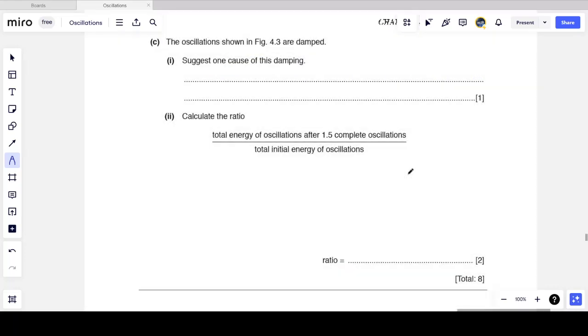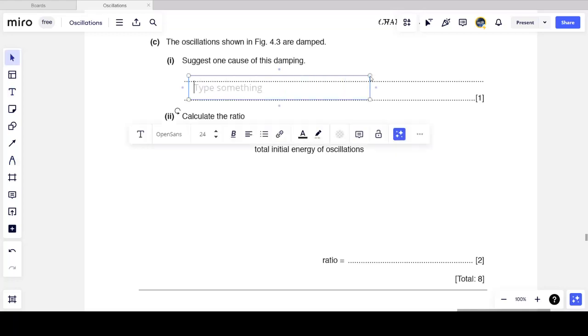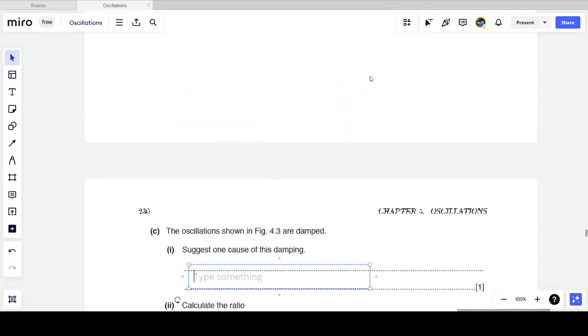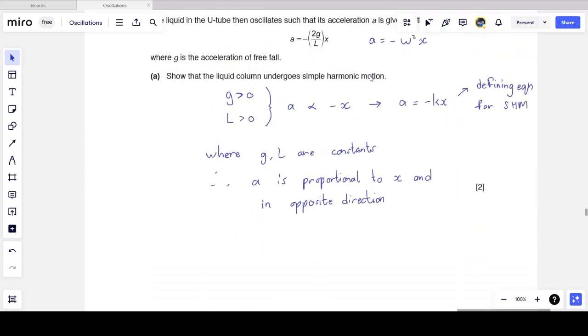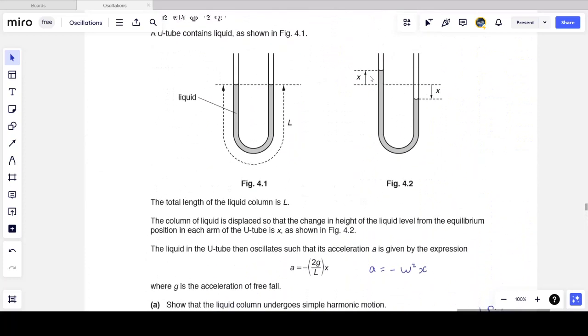We're then told that the oscillations in figure 4.3 are damped, and we want to suggest one cause of the damping. Well, we can see that the oscillations are damped because of the figure itself. They could have asked us to explain if it was damped or not. But what is one cause of the damping? Now, there are many different options here. This is not a ball on a track, but there can still be friction. There can be friction within the liquid.